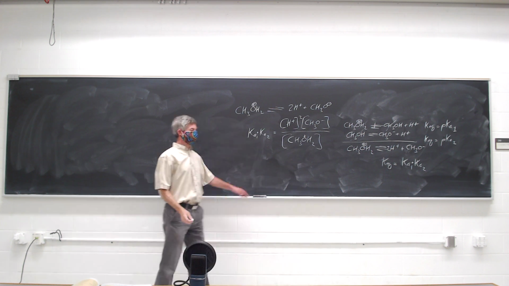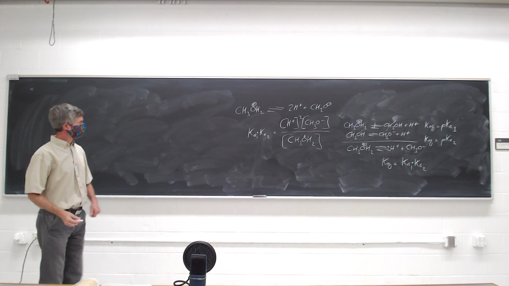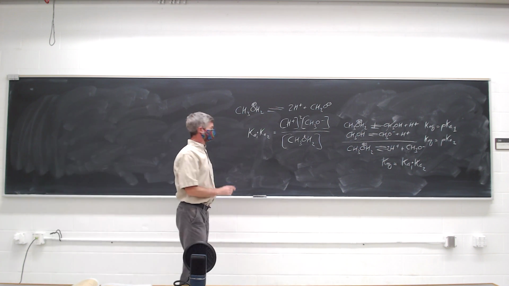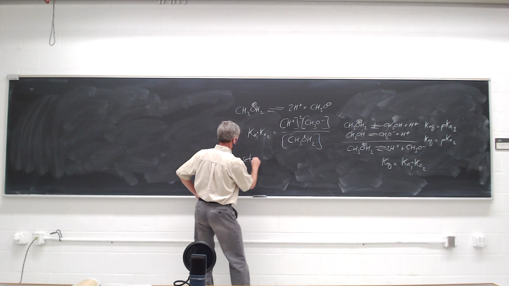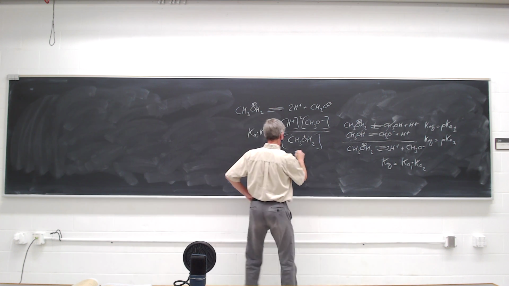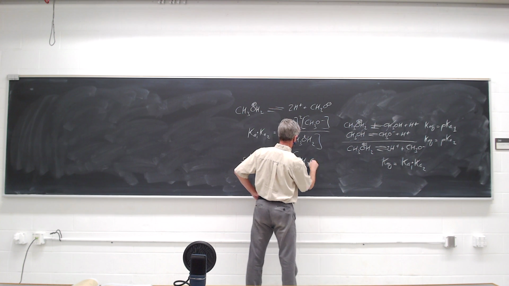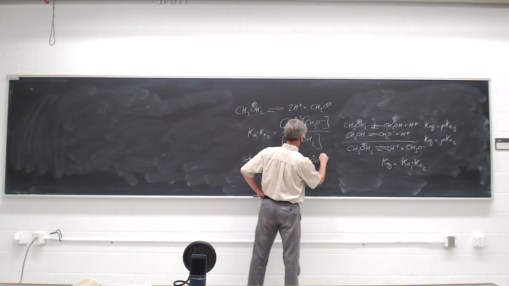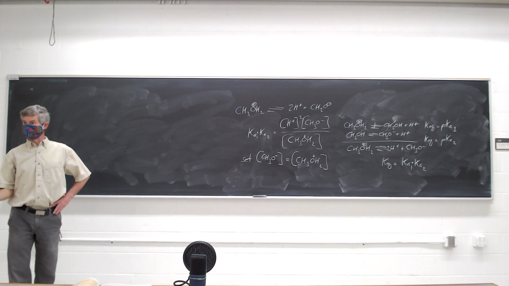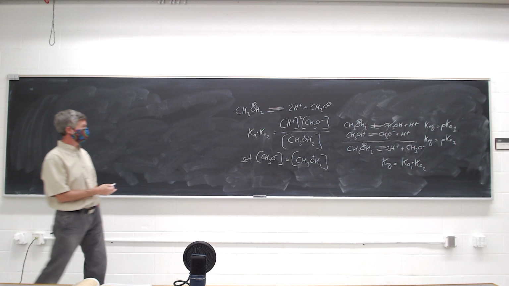So I'm not actually using numbers, I'm just using the variables. What was I looking for? I was looking for the pH where the concentration of the negatively charged species was equal to the concentration of the positively charged species.